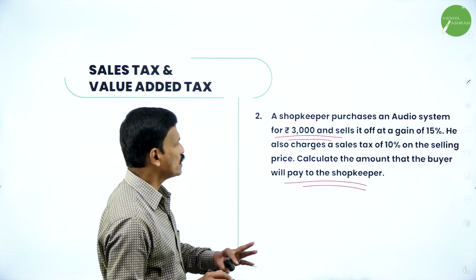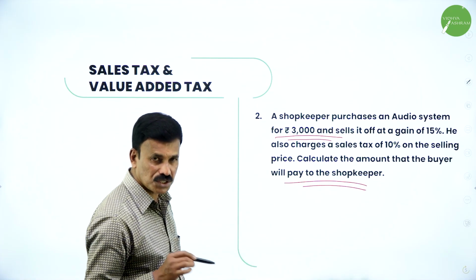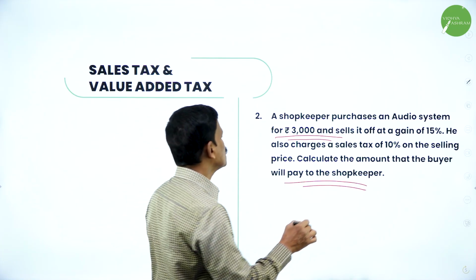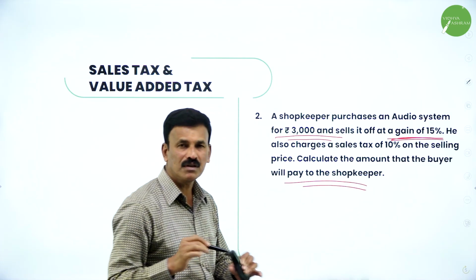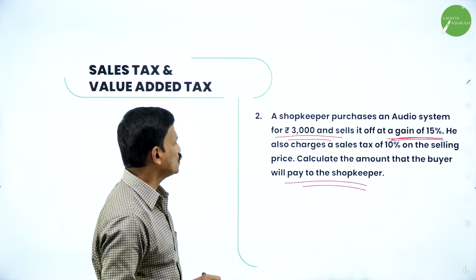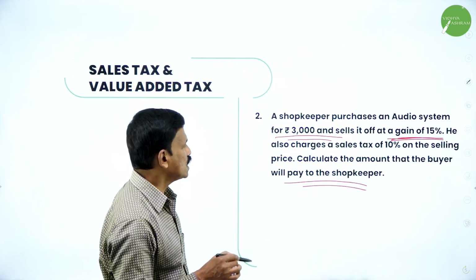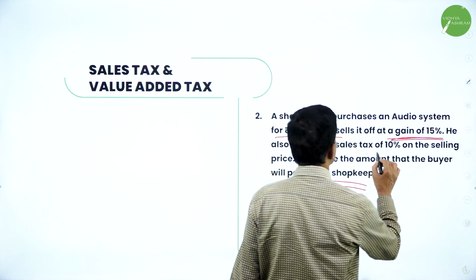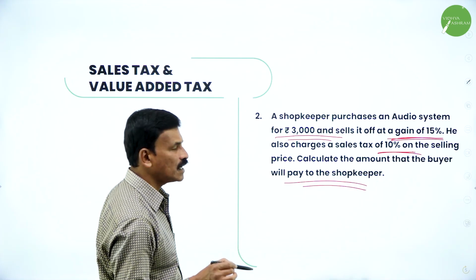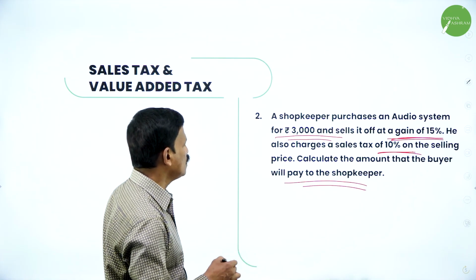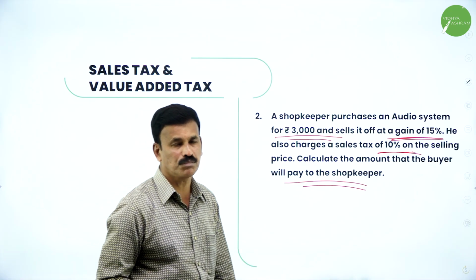The shopkeeper purchases an audio system for rupees 3,000 and sells it at a gain of 15%. He will charge sales tax of 10% on the selling price. Calculate the amount that the buyer will pay to the shopkeeper.